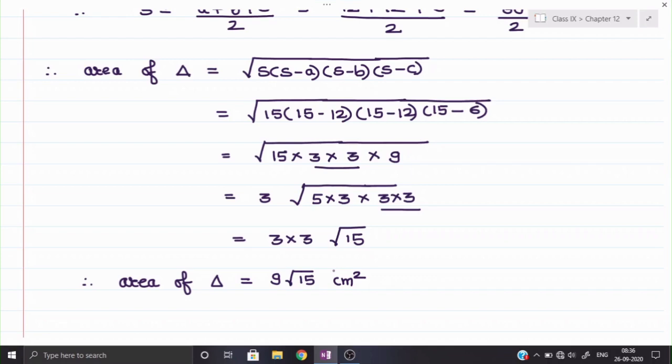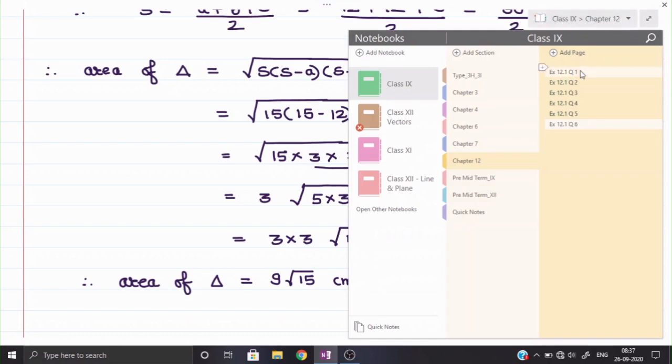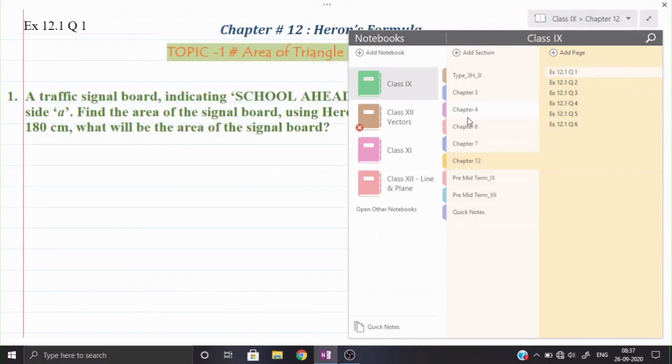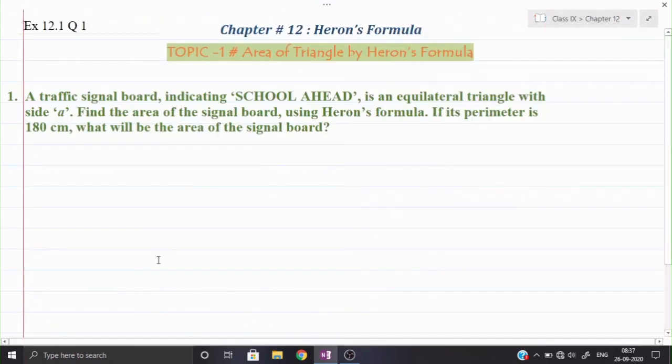Okay, now let us see question number 1. First question. In the first question, see what is given to us. We are given that a traffic signal board indicating school ahead is an equilateral triangle with side A. It means there is a signboard in the form of an equilateral triangle, and the message written on it is school ahead.